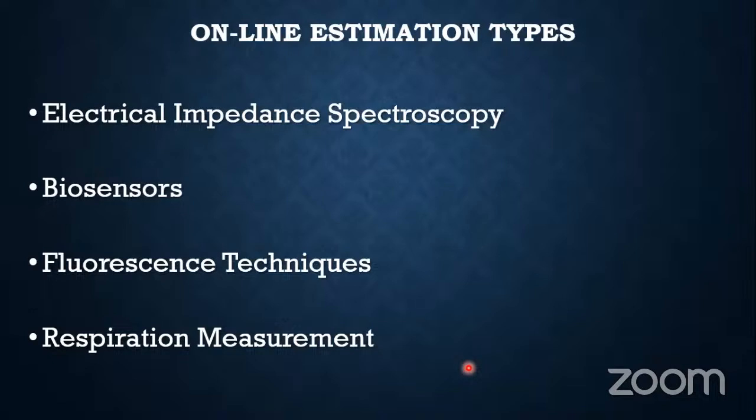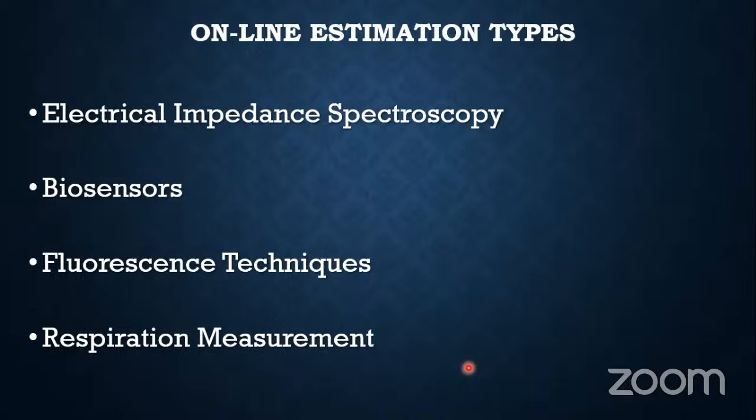Then we have the respiration measurement. Respiration measurement monitors the rate of oxygen consumption or carbon dioxide production. Like I told you the other time, this method is a way of determining if an organism consumes oxygen or produces carbon dioxide.